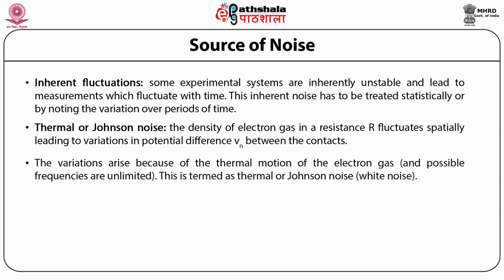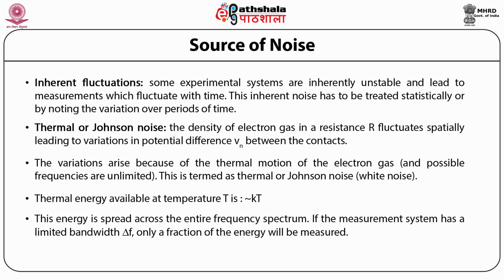The variations arise because of the thermal motion of the electron gas, and possible frequencies are unlimited. This is termed thermal or Johnson or white noise. Thermal energy available at temperature T is approximately kT.